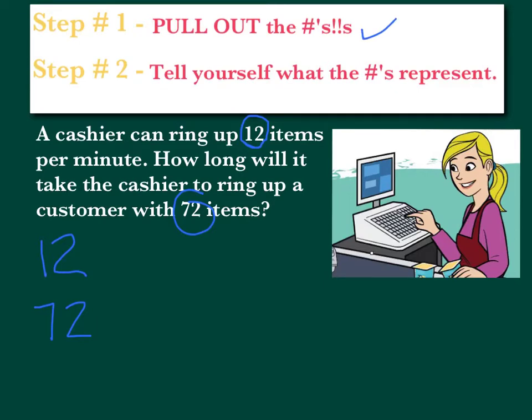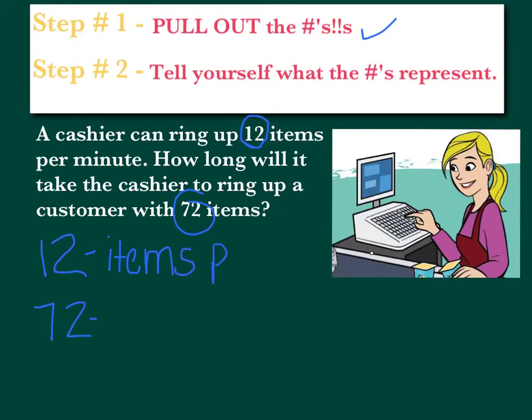Check. Step 2, tell yourself what the numbers represent. This is very important because a lot of times they give us numbers that we don't need. And so if we tell ourselves right off the bat what each number represents, then when we get ready to solve the problem, we'll know which ones we need and which ones we do not need. 12 represents the number of items the cashier can ring up per minute.